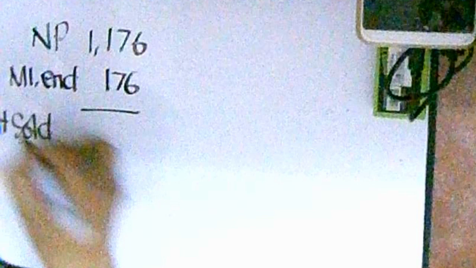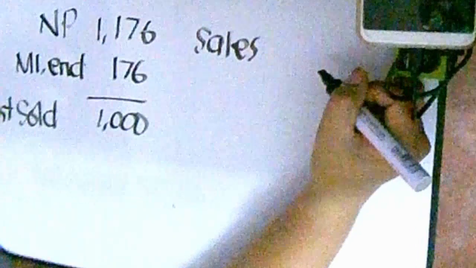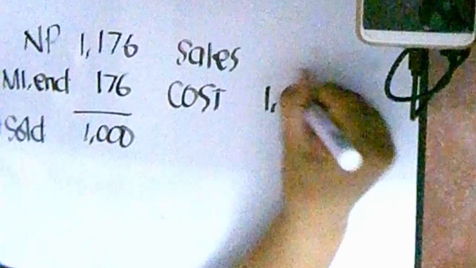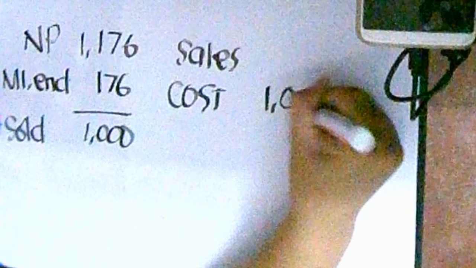May sales tayo, pero ang given lang is nag-markup siya ng 10%. So, yung cost natin is yung na-compute natin dito, 1,000. Tapos, ang tanong, magkano daw yung gross profit? So, kung 10% yung markup, ito yung cost, nag-grow ng 110% yan dyan. Ito yung 100%.